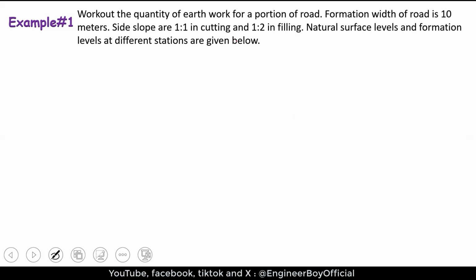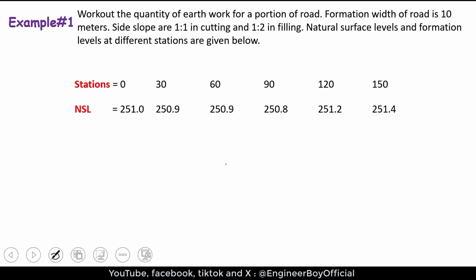Let me just see what we have over there. Again, my pin is not working. Okay, it's working now. So we have stations such as 0, 30, 60, 90, 120, and 150. And then NSLs, these NSLs must be provided by the surveyor at each station.